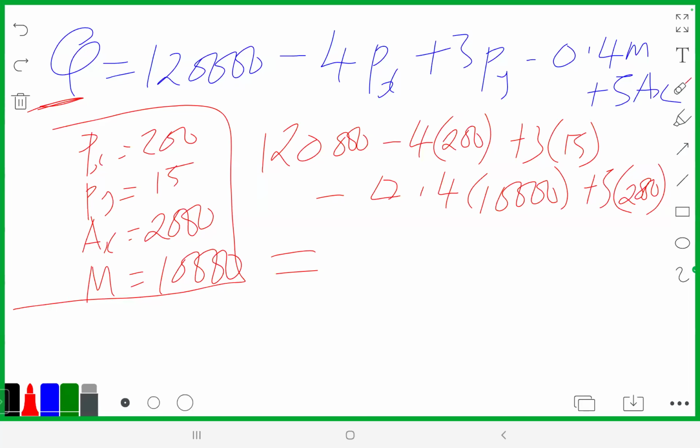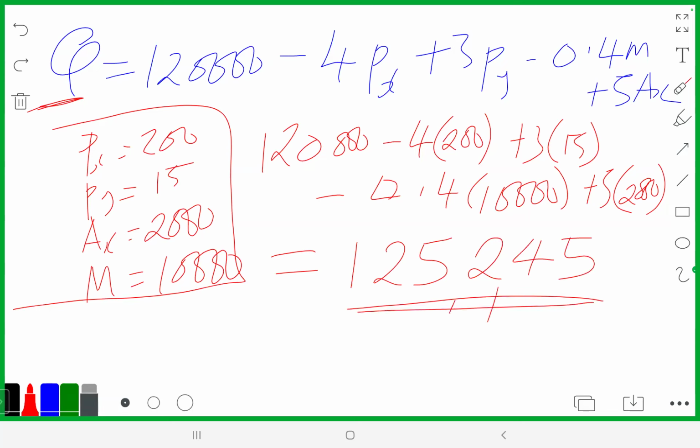It's giving me 125,245. 125,245. Is someone finding the same? You also, correct?